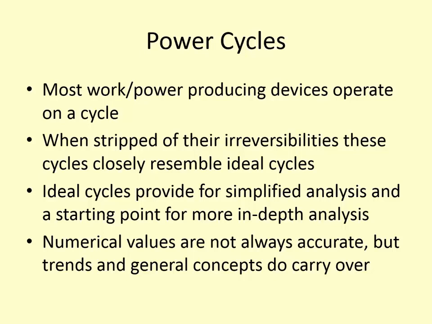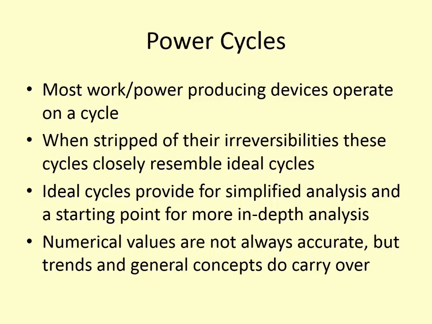So maybe the simplified, idealized property diagram doesn't 100% account for all of the intricacies of the cycle itself, but it gives us a really good place to begin and a place to compare other cycles, one to another. And although the numerical values may not be perfectly accurate, like maybe the pressure is slightly lower or slightly higher, the trends and the general concepts do carry over.